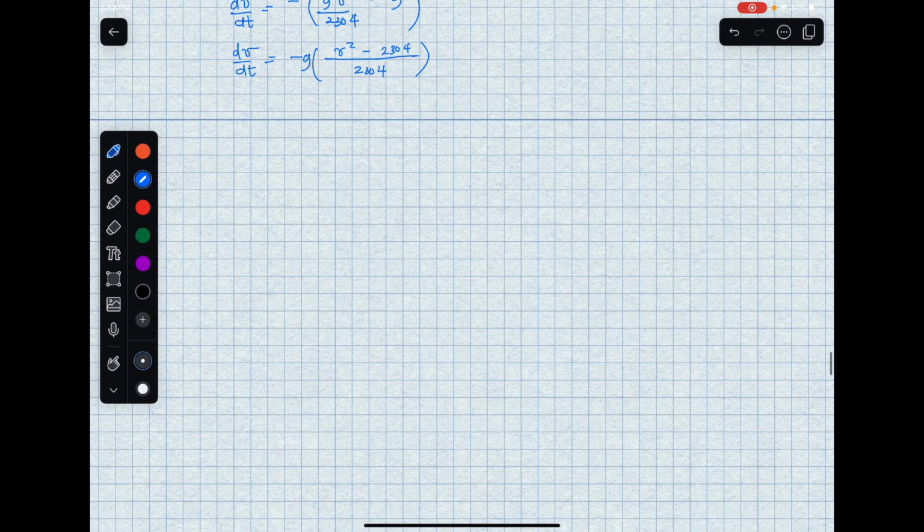By separation of variables, dv over v squared minus 2304 equals negative g dt all over 2304.